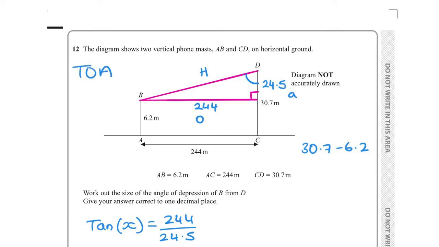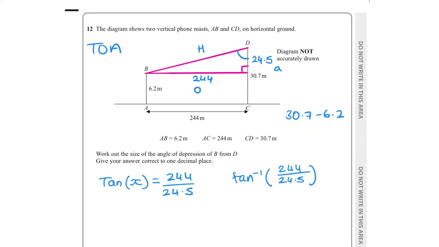Right? So shift tan. We're going to do tan inverse of 244 over 24.5.